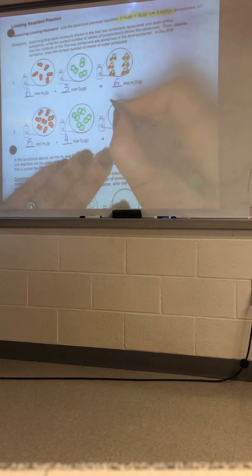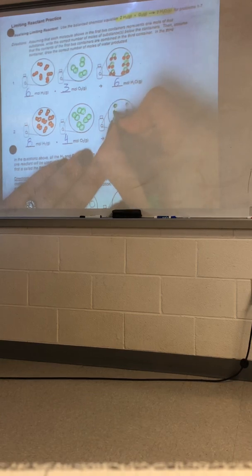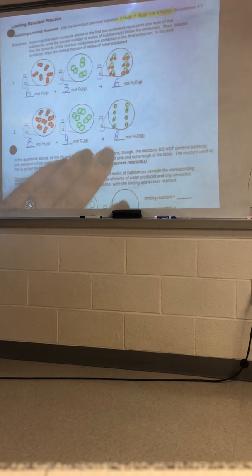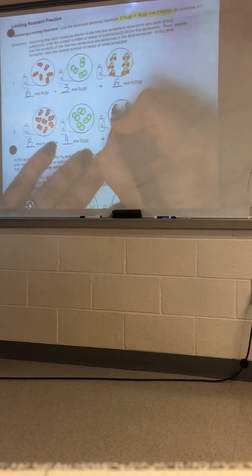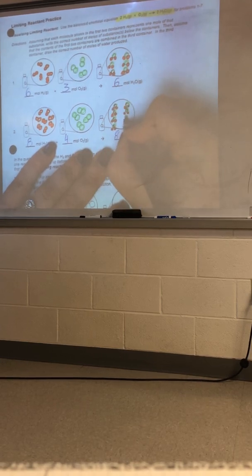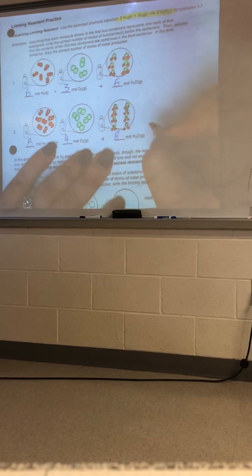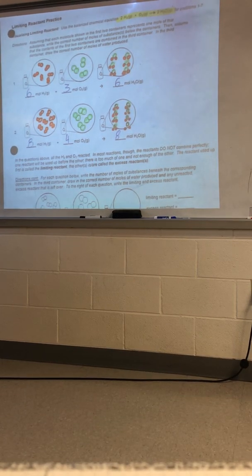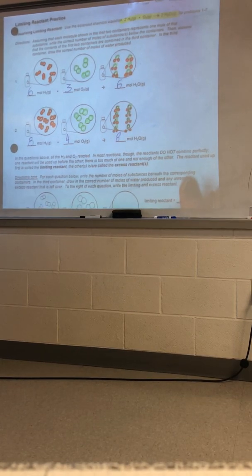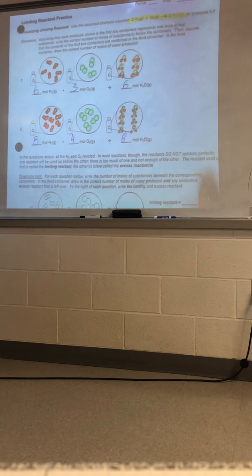If I make these green, because I have 8 atoms of oxygen, and atoms of hydrogen. So far so good? Okay, so this is easy because they gave me exactly what I needed. They didn't give me too much or too less.